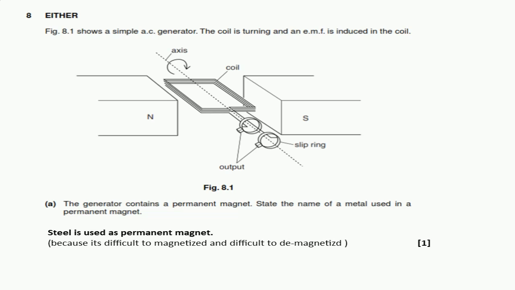Mostly in devices we use two types of metals, iron and steel. Iron is easily magnetized and easily demagnetized, so it is not a permanent magnet. Steel is used as a permanent magnet because it is a property of steel that it is difficult to magnetize and difficult to demagnetize.